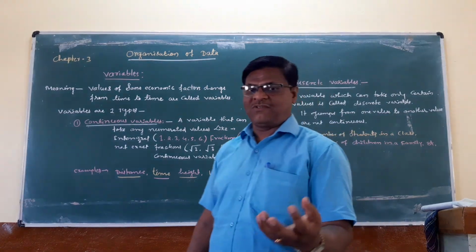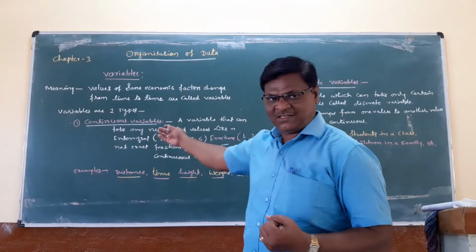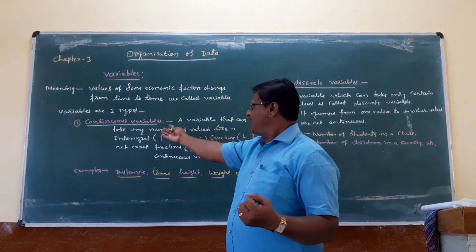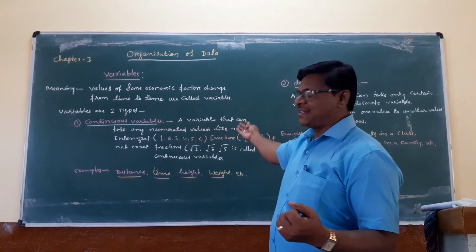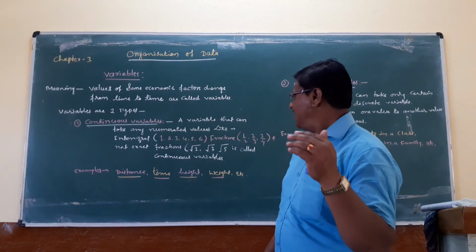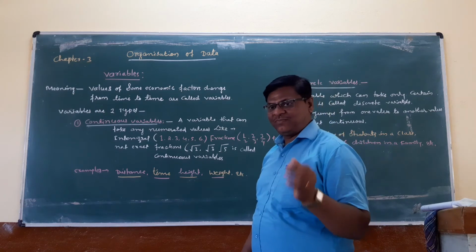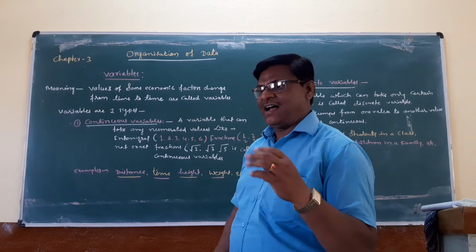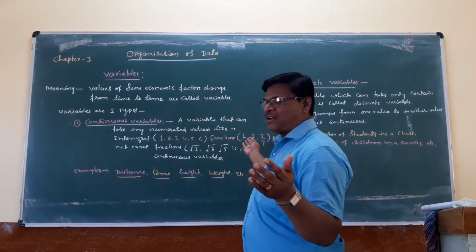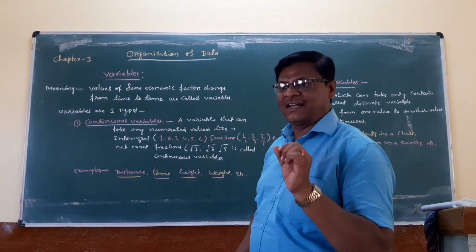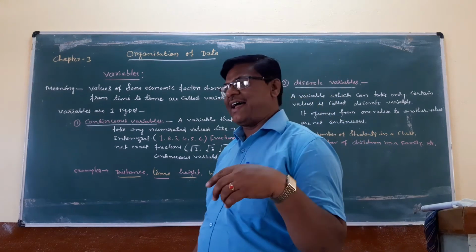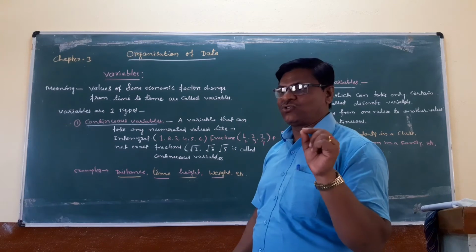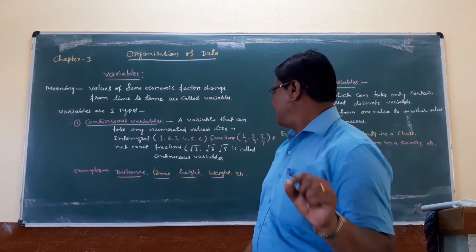Once again, what are continuous variables? Continuous variables are variables that can take any numerical values like integers 1, 2, 3, 4, 5, 6, fractions 1 upon 2, 2 upon 3, 3 upon 4, and not exact fractions root 2, root 3 and root 5.